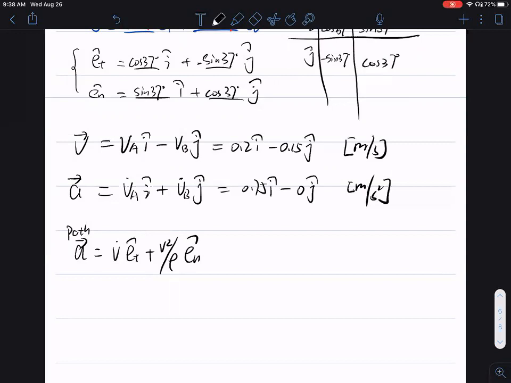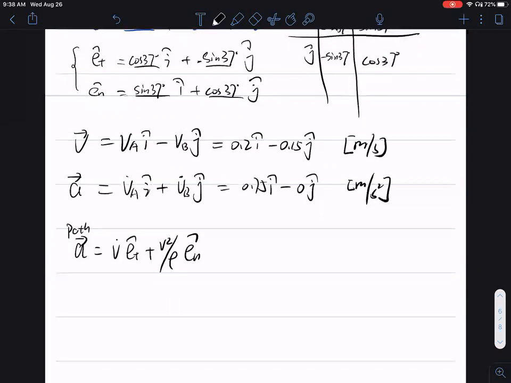Yes. Even though they look different. This one has I and J. That guy has ET and EN. They're just wearing different clothes and hats. But underneath, they're the same thing. So they're equal.